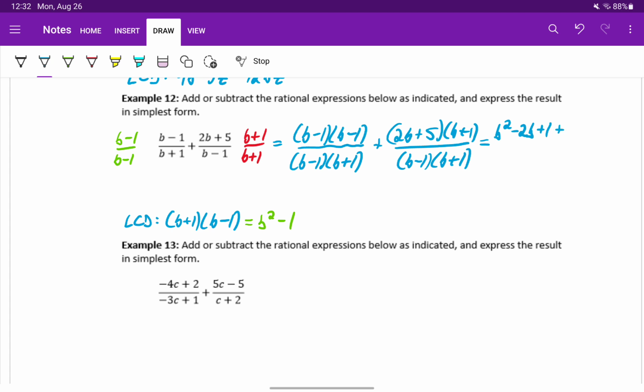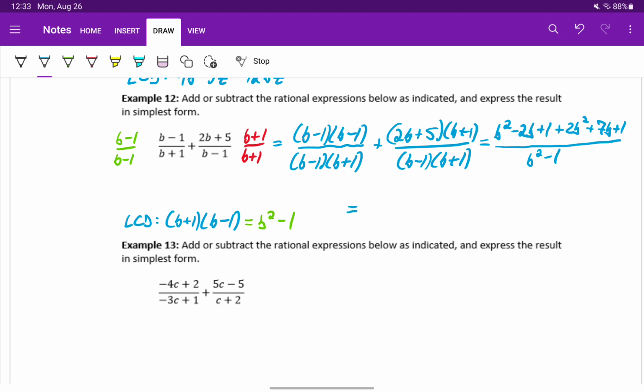And then we're adding that second pair of binomials expanded. That will give us 2b squared plus 7b plus 1 all over that shared common denominator, which we know will expand out to be b squared minus 1.